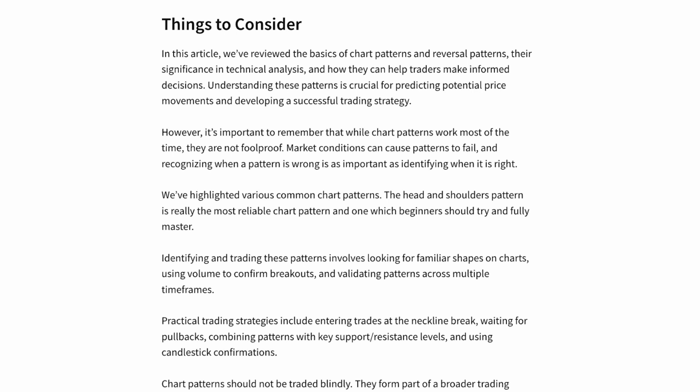Just summing up this video, we reviewed the basics of chart patterns. We talked about the fact that they're not foolproof. You'd want to also use some other indicators, but at the same time, these patterns happen with technical analysis: price action discounts everything, price moves in trends, and history repeats itself.